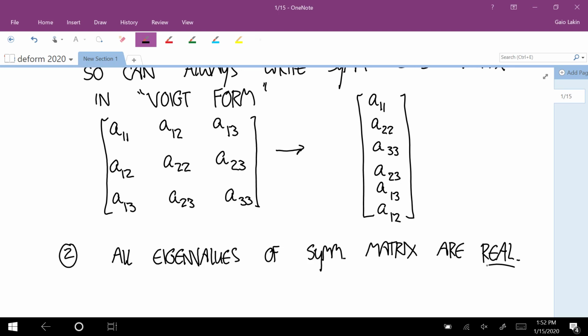What that means is that in any application where your eigenvalue means something physical that has to be a real number, like say your eigenvalue is a measure of force, then it has to be coming from a symmetric matrix, because if it's not symmetric you could get complex eigenvalues, and you can't have complex forces. So this fact that the eigenvalues are real is going to be useful to us. We're going to use the eigenvalues of tensors, of stress tensors.